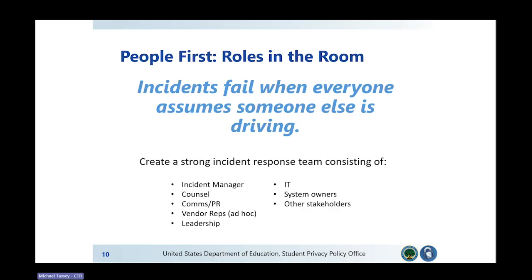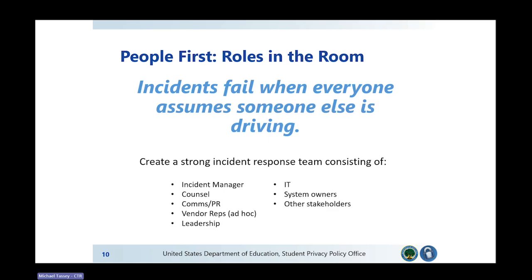Now, I tend to take a two-tiered approach to this. Incident response is a big, wide scope of possible incidents, right? That goes from Godzilla walking through the parking lot, to fires and floods and earthquakes, to cyber attacks and third-party data breaches.